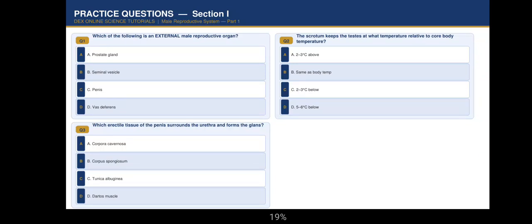So what do you think is the answer? The answer is option B, corpus spongiosum. Corpus spongiosum mainly surrounds the urethra and also forms the glans penis. Meanwhile, the corpora cavernosa is the major muscle involved in erection.